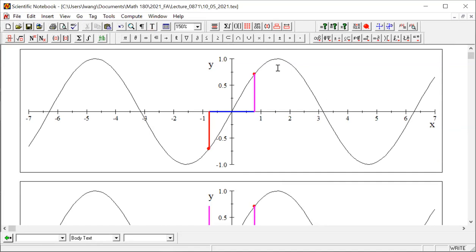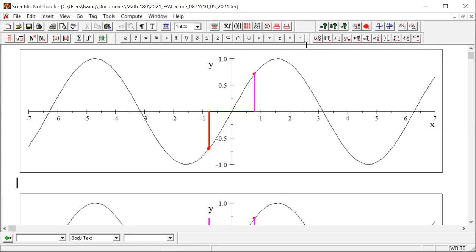Okay. First of all, yesterday we talked about, for odd function, if f is an odd function, is an odd function.